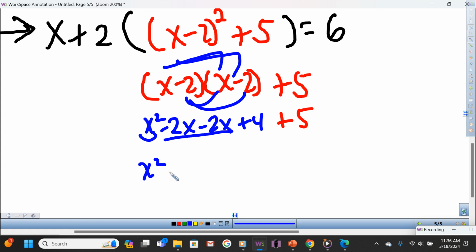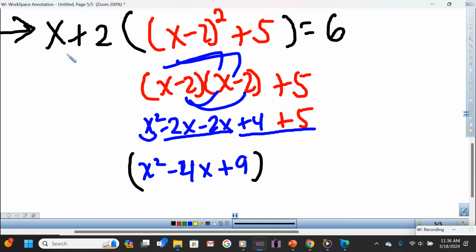Negative and a negative is still a negative. That's negative 4x. What is 4 plus 5? That is 9. So that was what was inside of the parentheses. So let me leave that inside of the parentheses. And I'm going to bring down the x plus 2, and all that equals x.